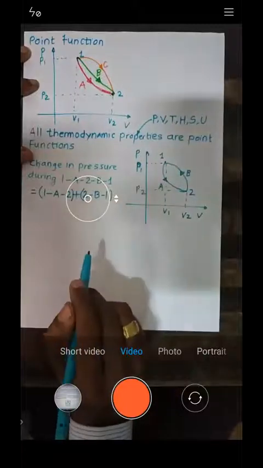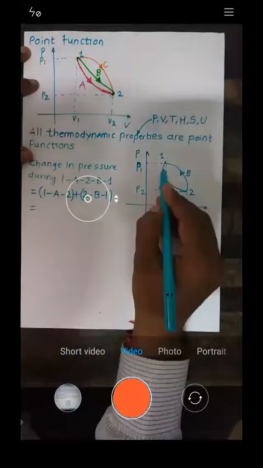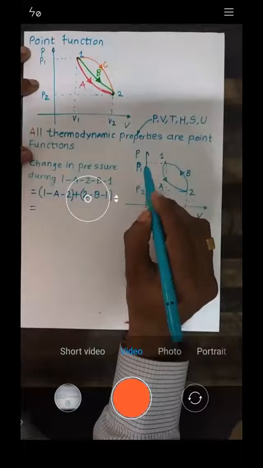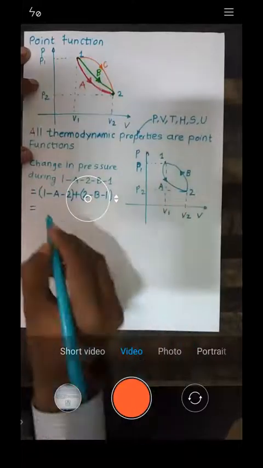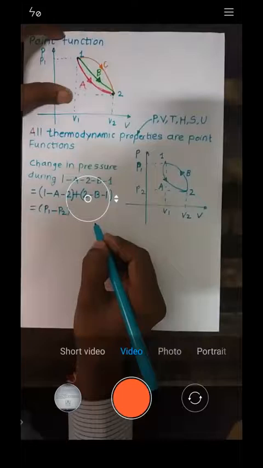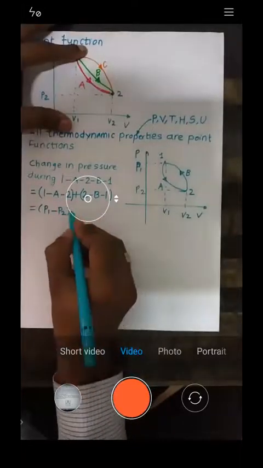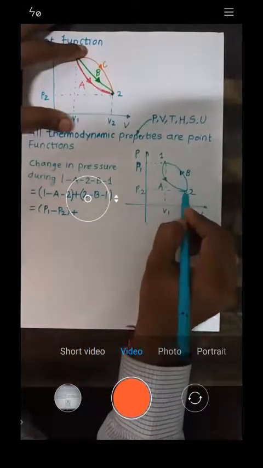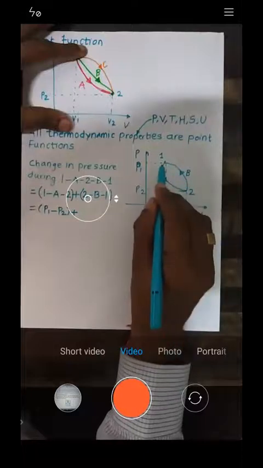During 1A2, the pressure dropped from P1 to P2, so the change in pressure was P1 minus P2, plus what is the change in pressure from 2B1?